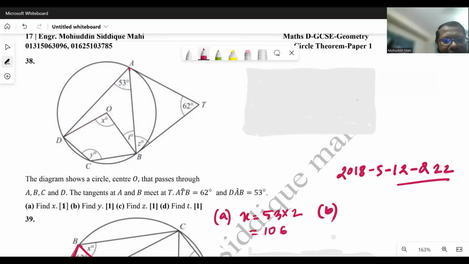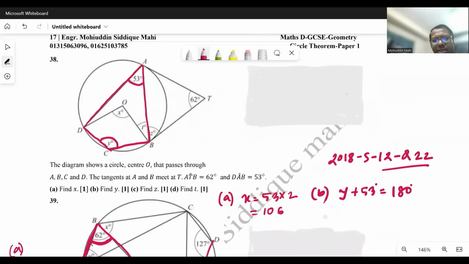Now, quadrilateral ABCD is a cyclic quadrilateral. In a cyclic quadrilateral, the sum of the opposite angles is always 180 degrees. I have discussed in previous classes what a cyclic quadrilateral is. So for the sum of the opposite angles, we can write A plus C, 53 plus Y equals 180 degrees.